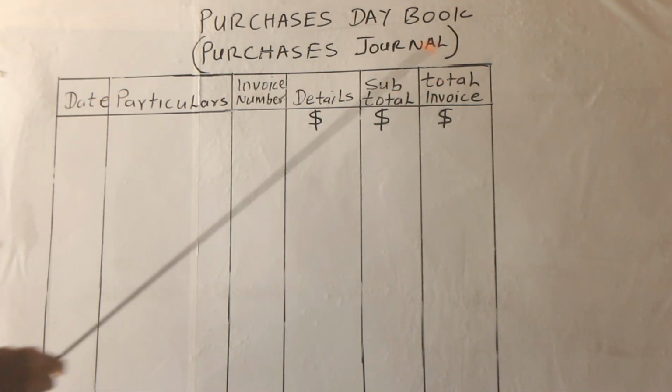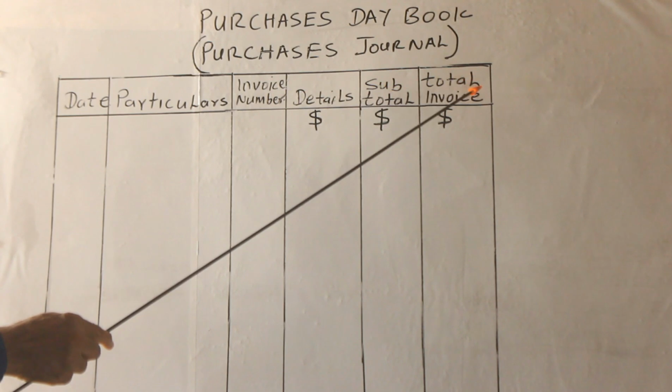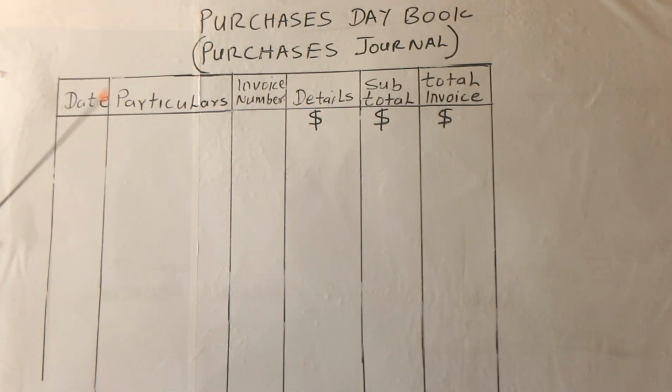There may be varieties of meanings of the purchases day book, but these headings here are the main ones that I require you to know at this our foundation stage of learning. Now let us take a transaction to see how recordings are made on the purchases day book.